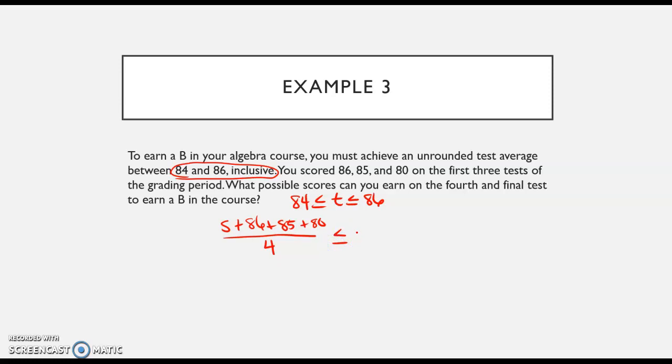And I know that that's going to be less than or equal to 86 and technically greater than or equal to 84. So I've now taken that expression and replaced my T with the finding of the averages.